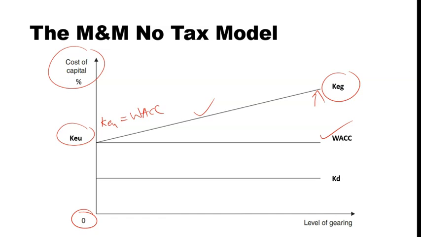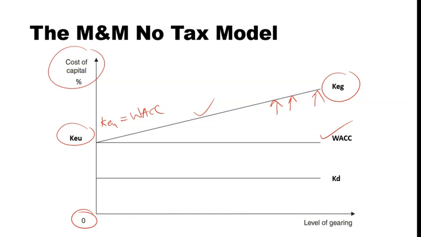But because the assumption is on the creditor hierarchy, where we are saying that these guys are going to have their money back when things get sour, when the company fails. Everything that the company owns would be sold so that the creditors get their money back. So their risk is minimal. But these guys, the shareholders, you can see that as gearing increases, the cost of equity was increasing.